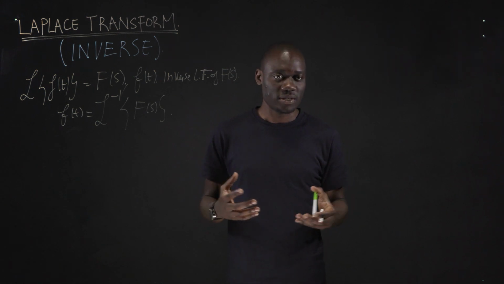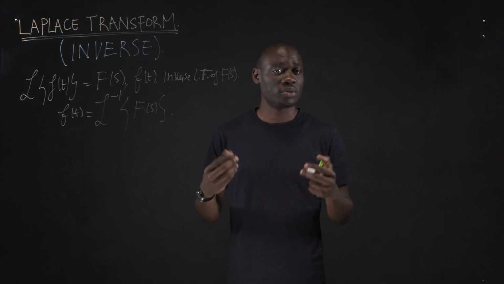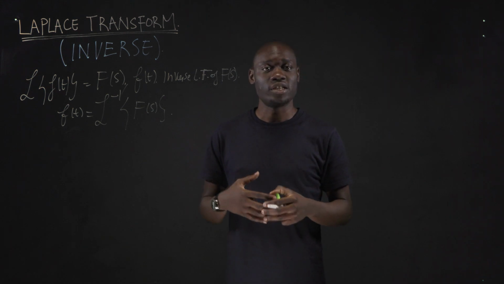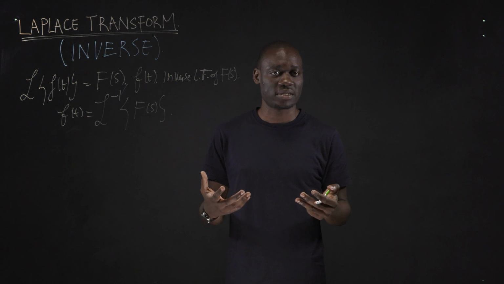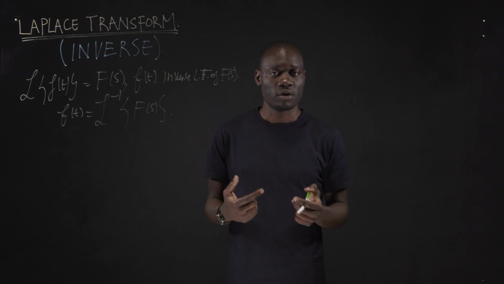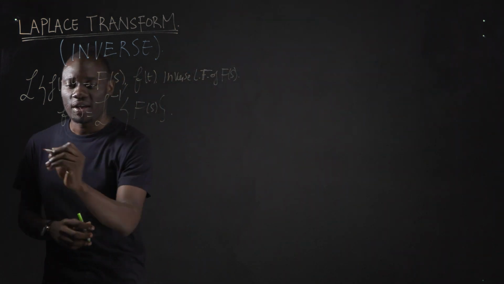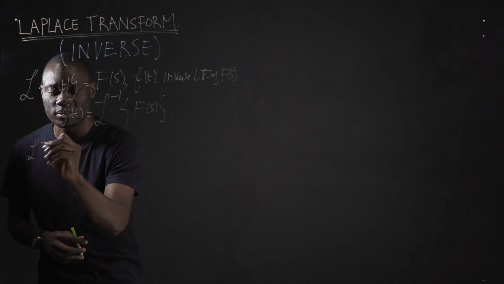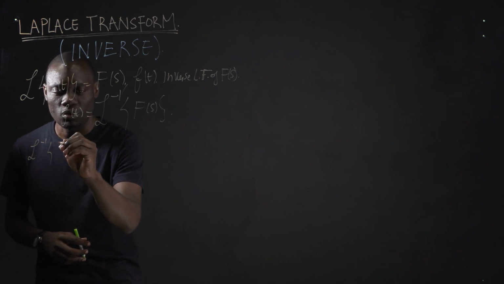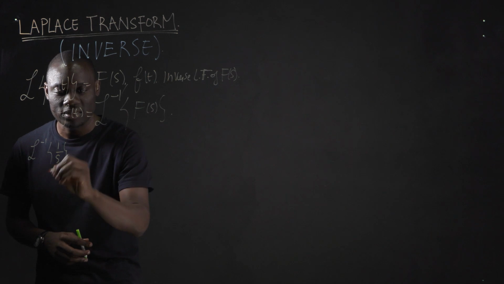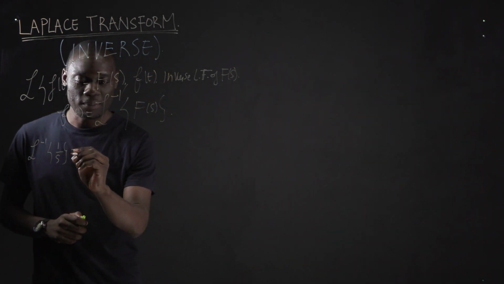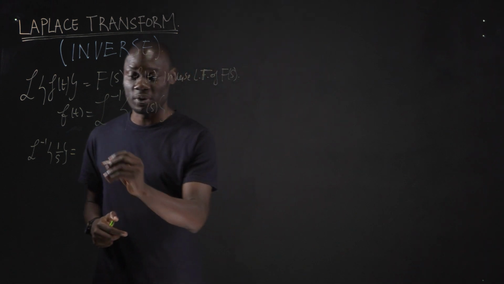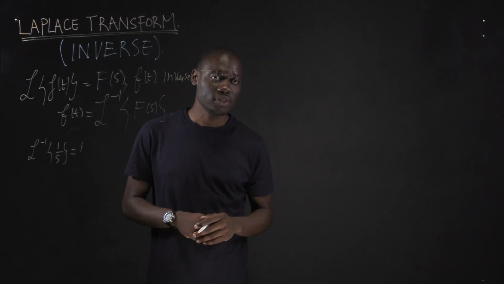In most cases, you will make use of the Laplace transform table to find the inverse Laplace transform of a standard Laplace transform function. For instance, if I'm looking for the inverse of the Laplace transform of 1 over s, from the Laplace transform table, it's obvious, it will be 1, right?